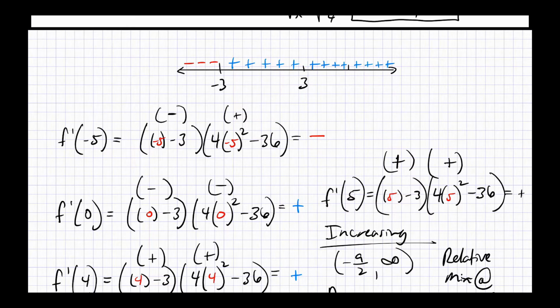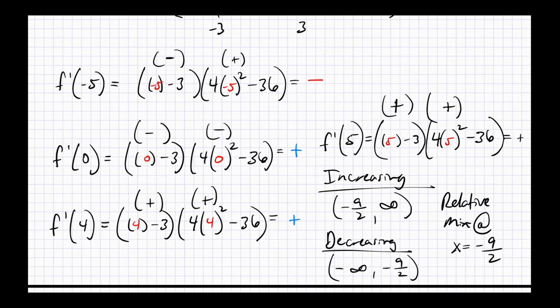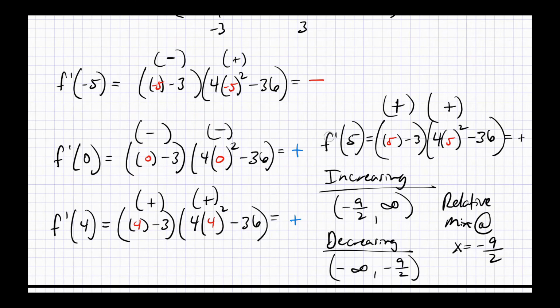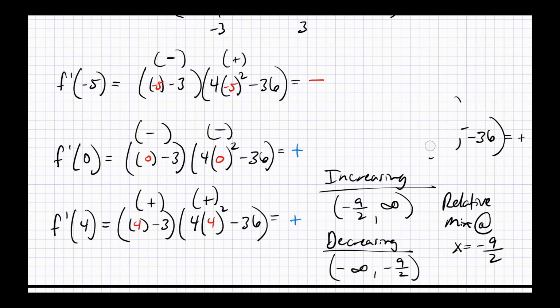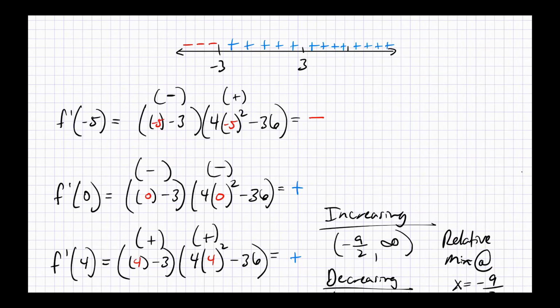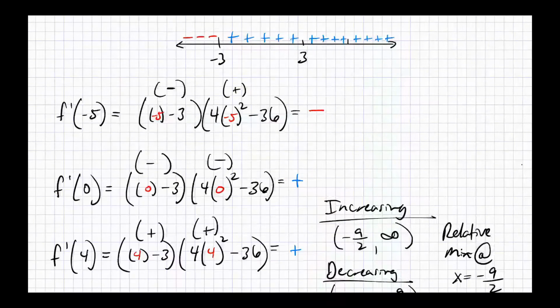And then when I plugged in 4, which is greater than 3, I still got a positive number. Meaning at 3, it doesn't do anything. It kind of pauses, but then it keeps increasing after 3. (Don't worry about the 5 here, the 5 was extra.)